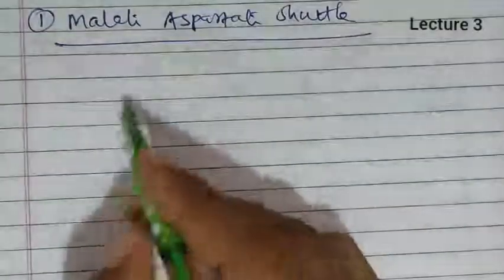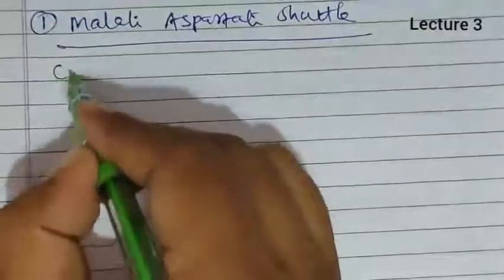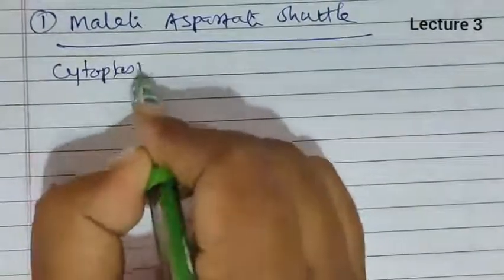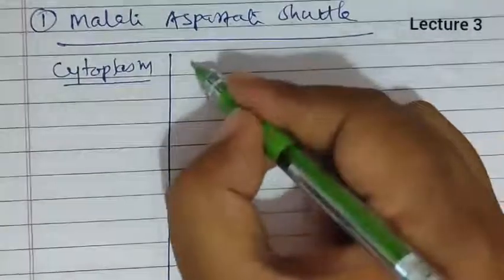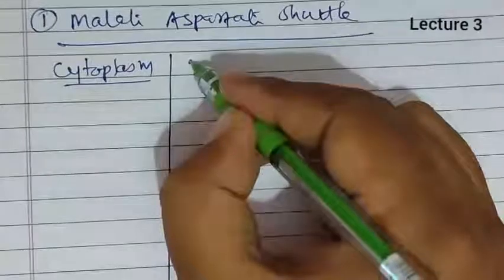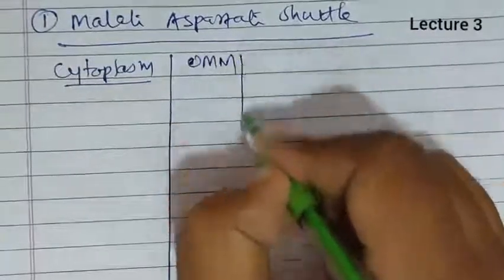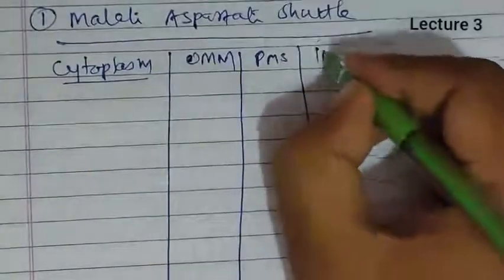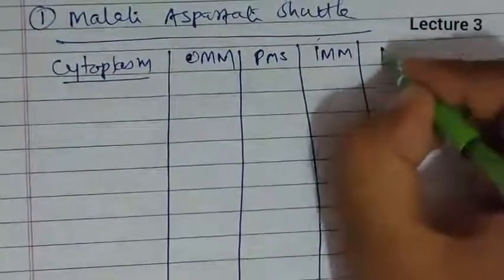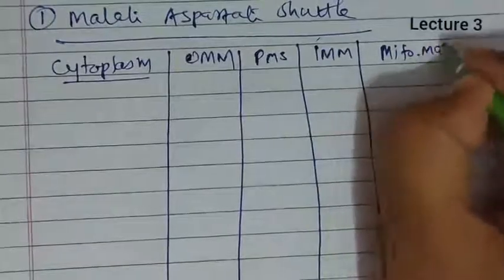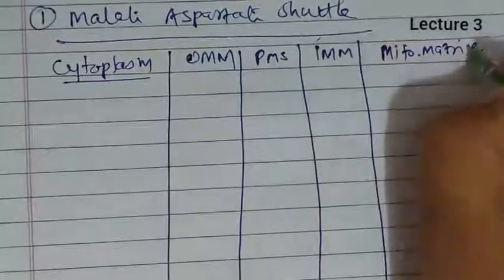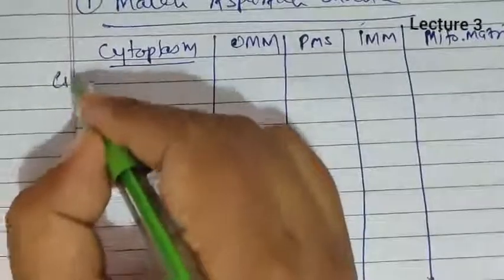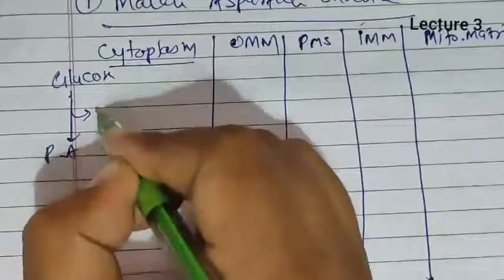Now in the malate aspartate shuttle, we know that the cytoplasm is the region where glycolysis occurs. When this NADH2 of the cytoplasm needs to enter the mitochondrial matrix, it has to pass the outer mitochondrial membrane, then the perimitochondrial space, then the inner mitochondrial membrane, and then it reaches the mitochondrial matrix. When glucose breaks into pyruvic acid, this NADH2 is produced.